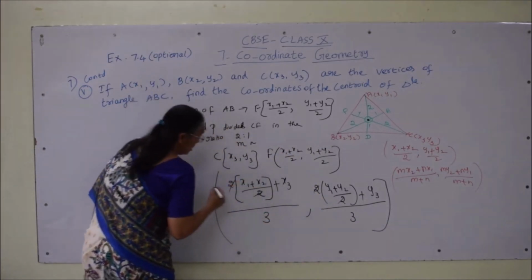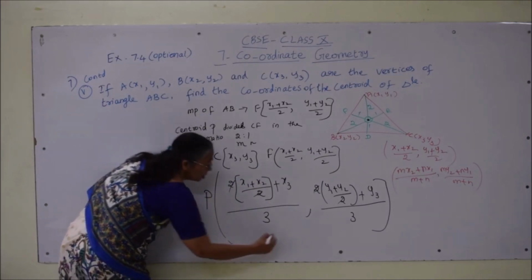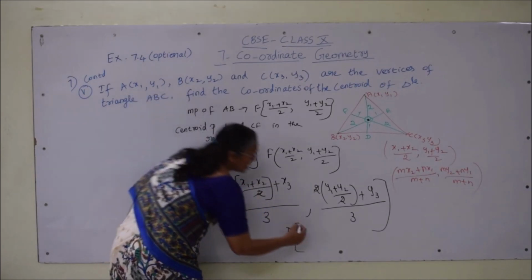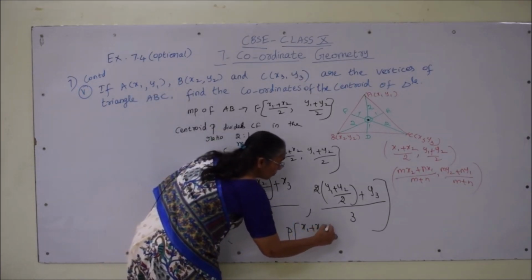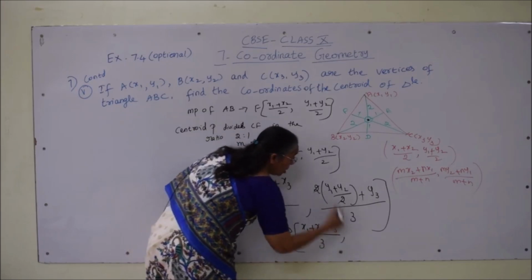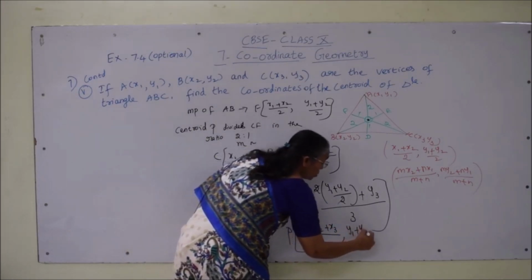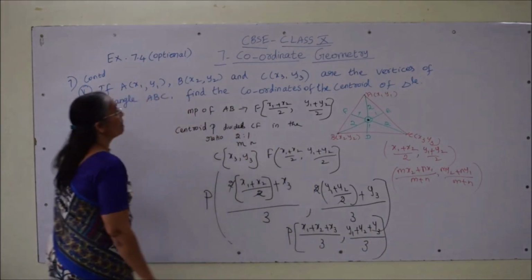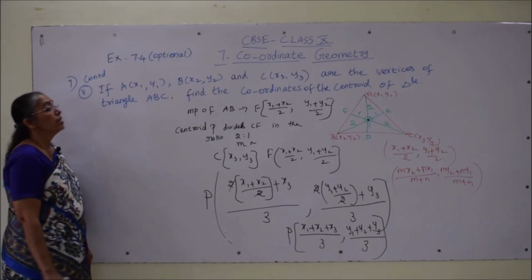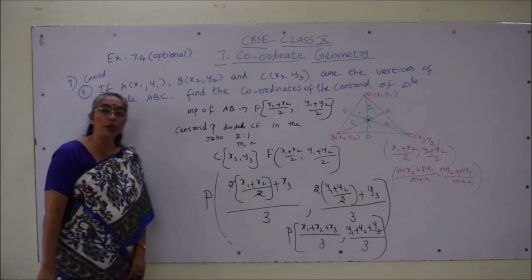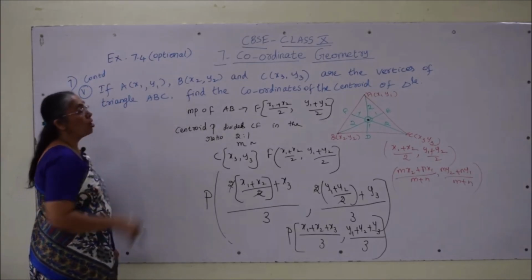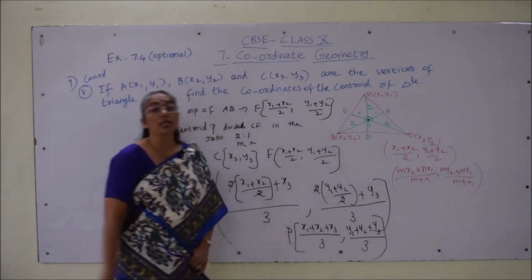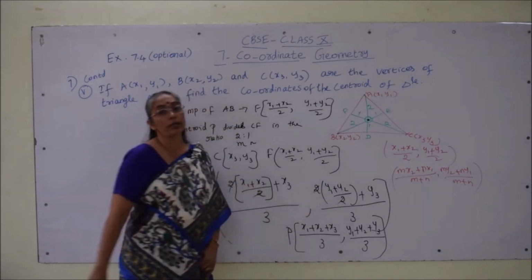So we are getting the centroid P as (x1 plus x2 plus x3 by 3, y1 plus y2 plus y3 divided by 3). So if ABC is a triangle having the vertices (x1, y1), (x2, y2) and (x3, y3), then the coordinates of the centroid of the triangle are given by (x1 plus x2 plus x3 by 3, y1 plus y2 plus y3 by 3).